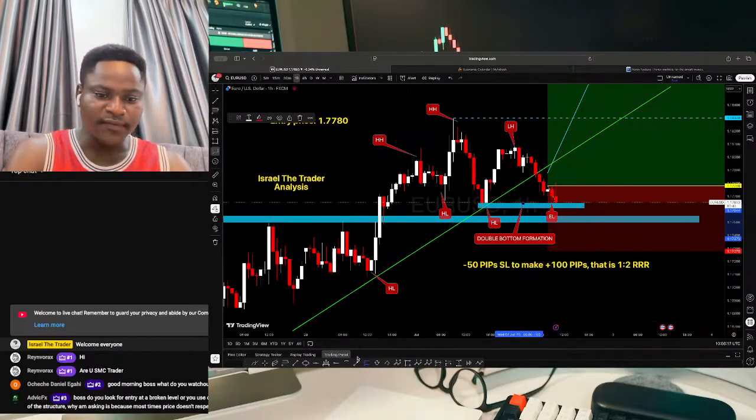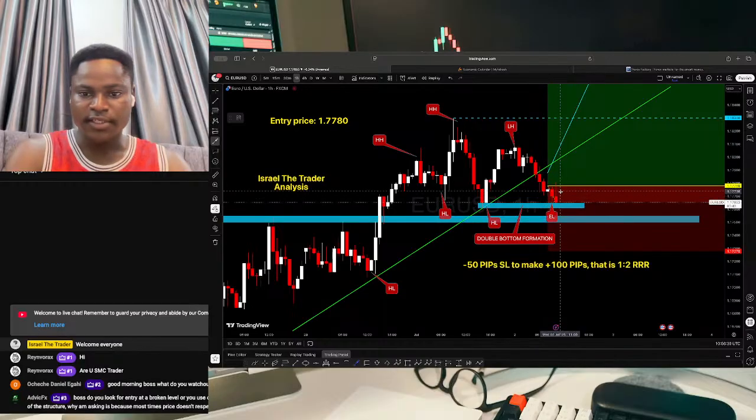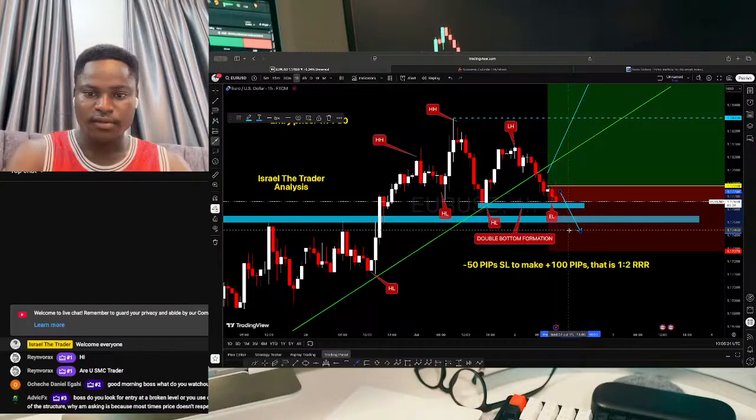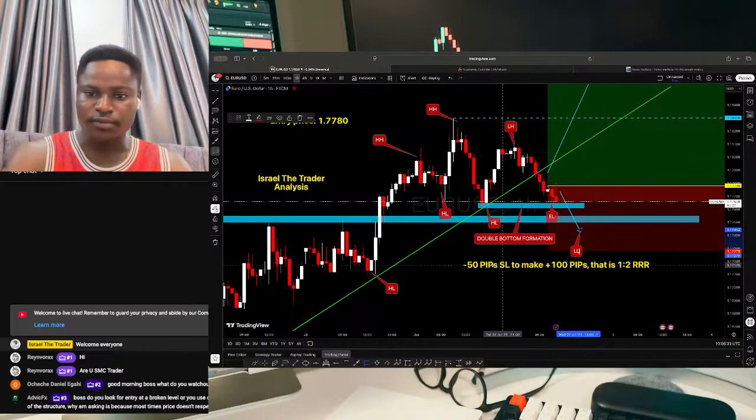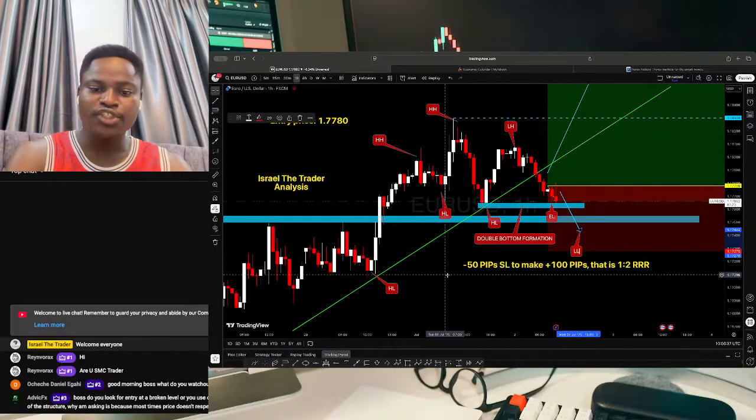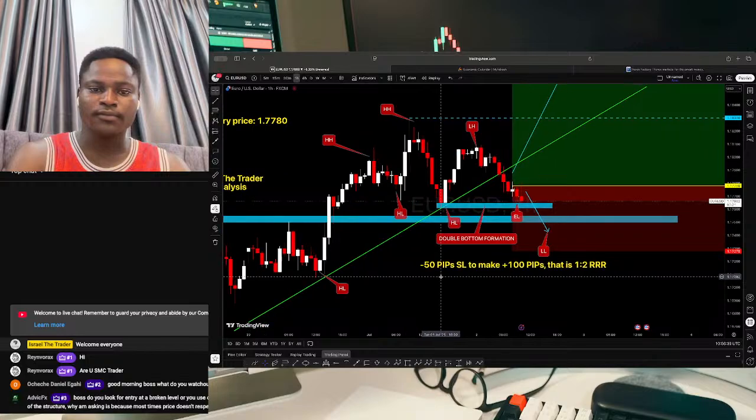But what if the market decides to break out of this and come down to this point? This is where we will now say we are having a lower low formation at this point. This is going to be a lower low formation. So when we have a lower low formation, this is going to be a change of structure in the market.